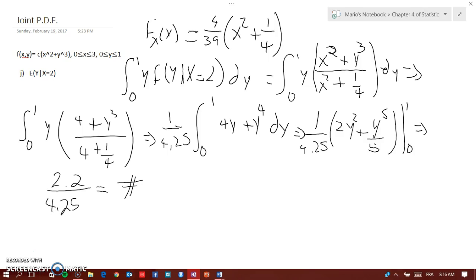So guys, I kind of went fast on this one, but I'm going to recap what I just did, so you have an idea of how to do it. When you find the conditional probability of y given x, you take f of xy, which is given, divided by the marginal of x.